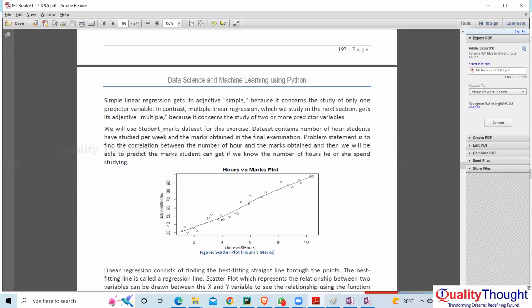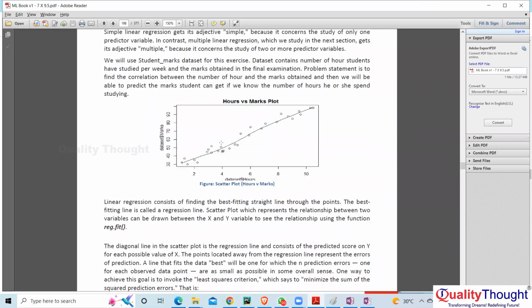We find the distances between the line and the points, and the line represents the best fit line, where the total distance, the net distance, is minimum. That means if you draw any other line, the distance will only increase. Two things I said. One is net distance should be 0, plus or minus.